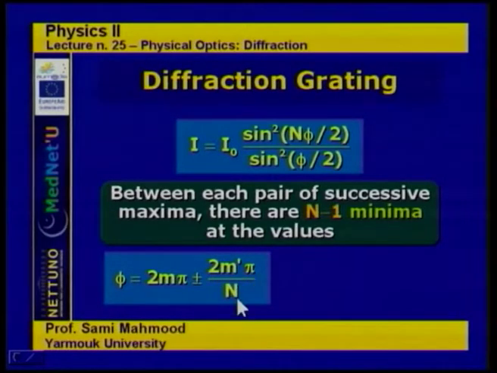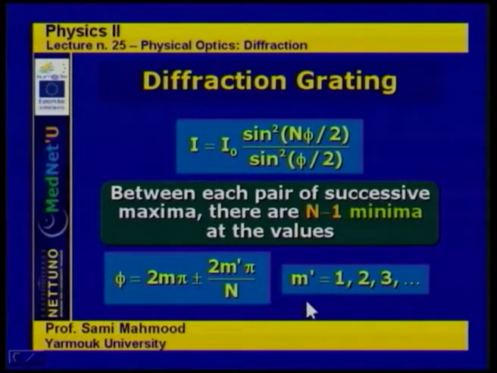If we put these values for phi, we will see that this relation gives minima. So these are the locations of the minima between 2 successive maxima. And here m prime is equal to 1, 2, 3, and so on.